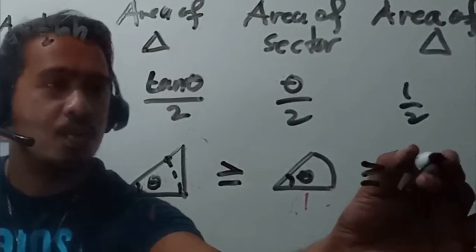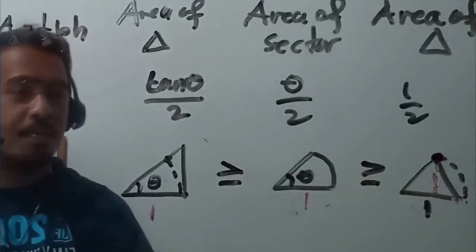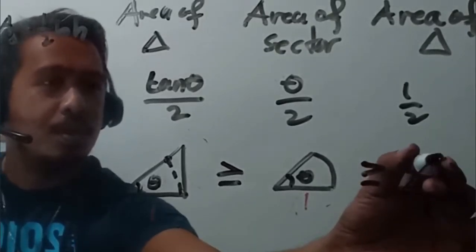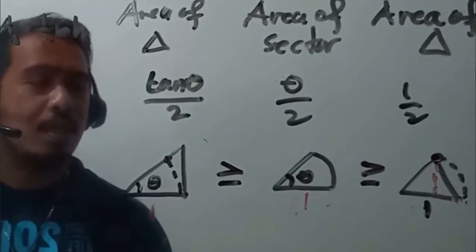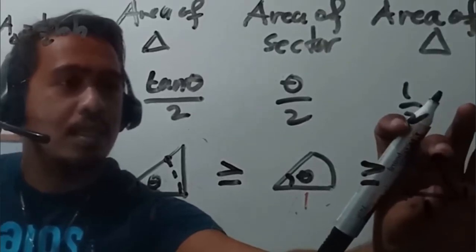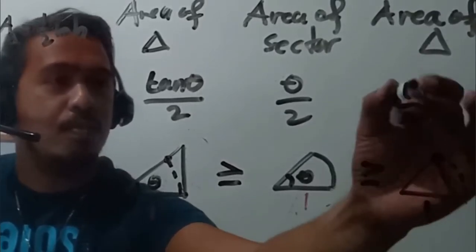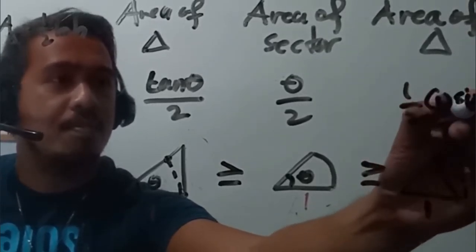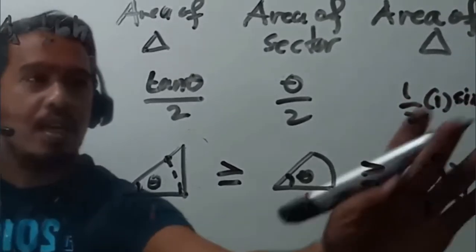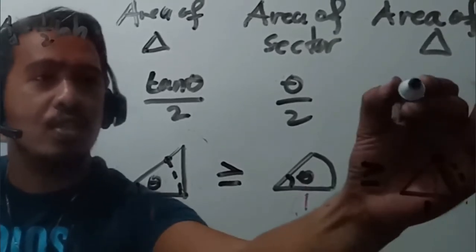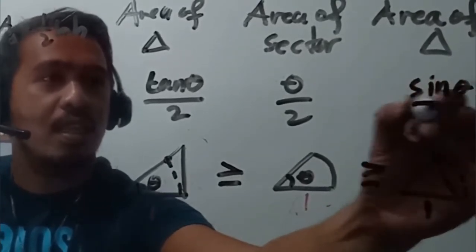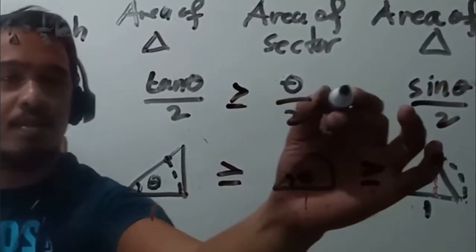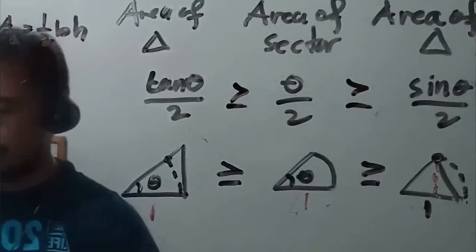So the area of this must be 1/2, base is 1 and the height is sine theta, or just sine theta over 2. So the areas satisfy the inequality: greater than or equal, greater than or equal.